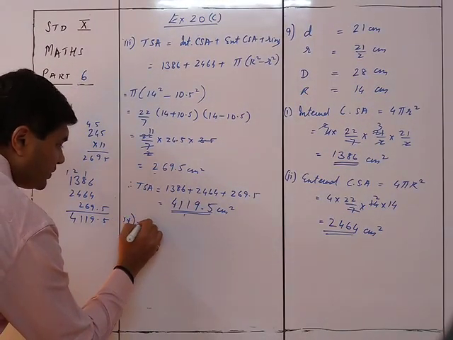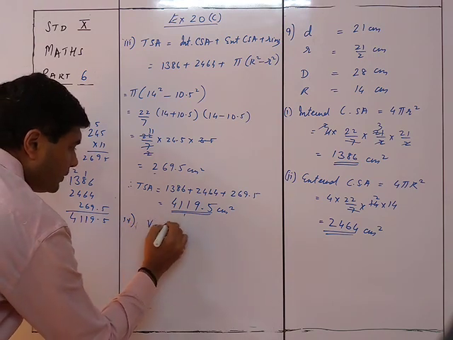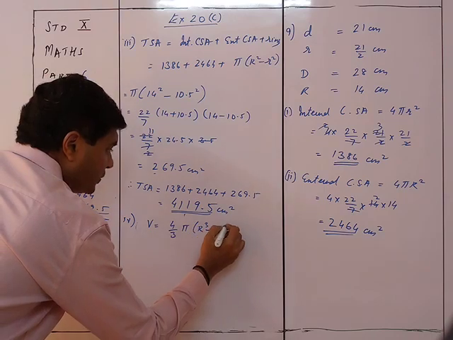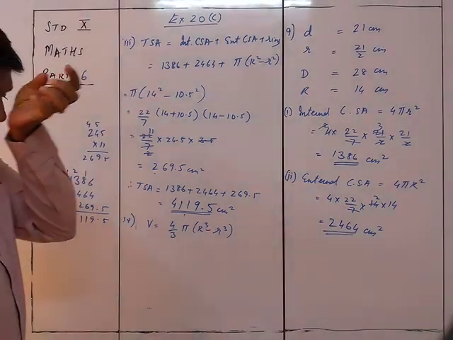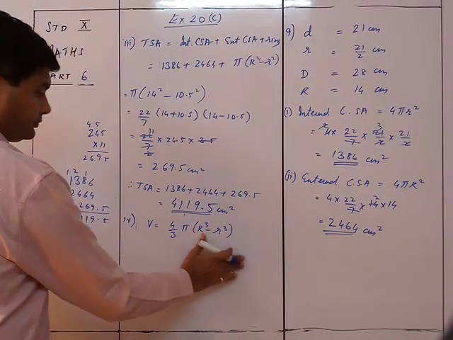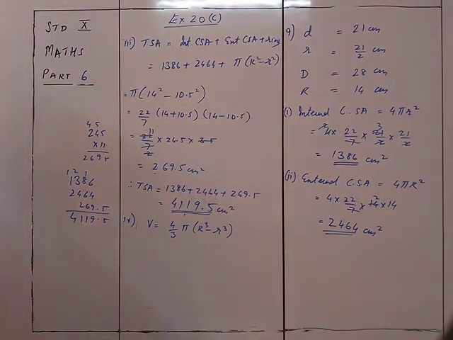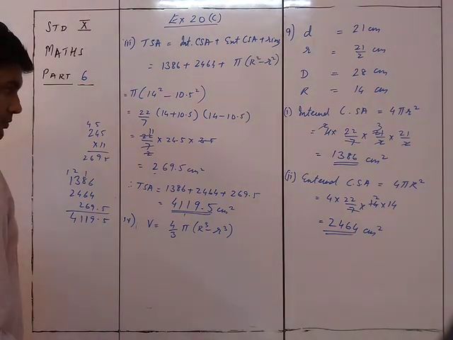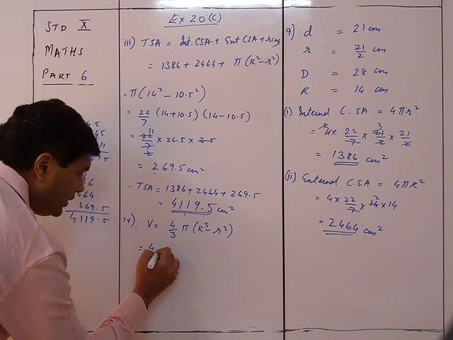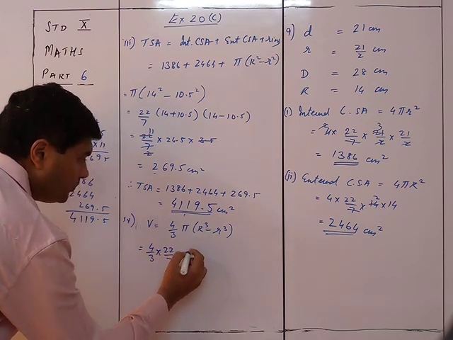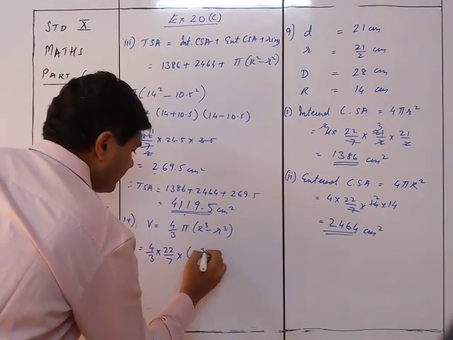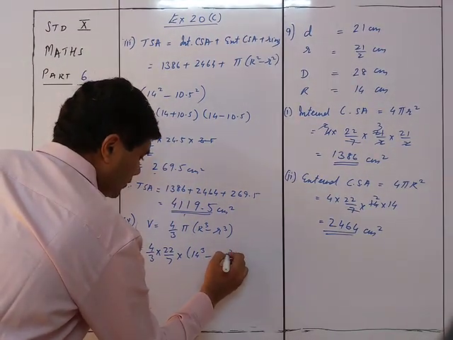So volume is equal to 4 upon 3 pi into R cube minus r cube. Finally, the tough one. So it is 4 upon 3 into 22 upon 7 into 14 cube minus 10.5 the whole cube.